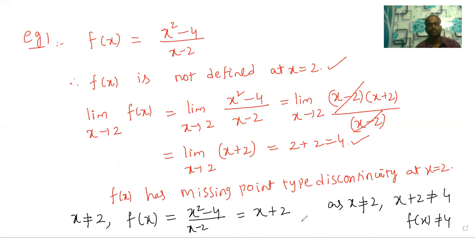So the graph of f of x is equal to x plus 2, not including the point 2 comma 4. But f of x equal to x plus 2 represents what? A straight line.